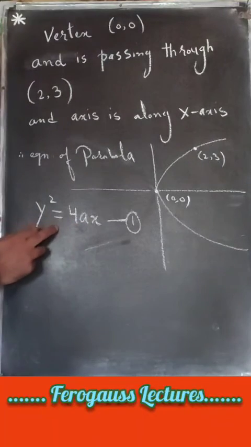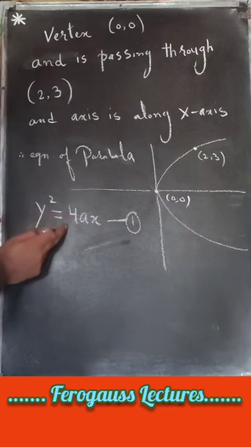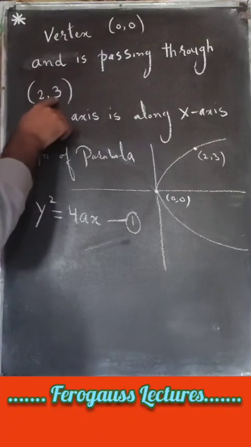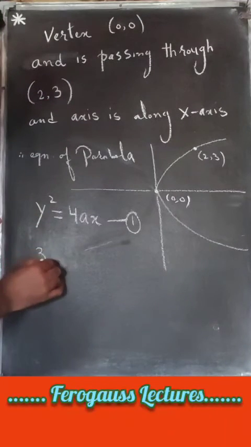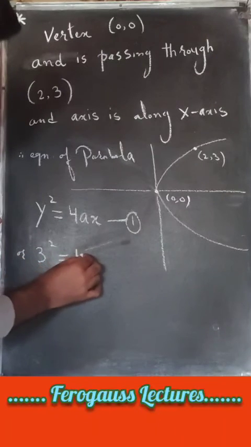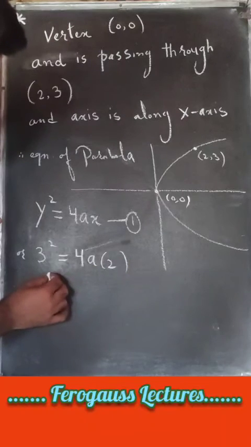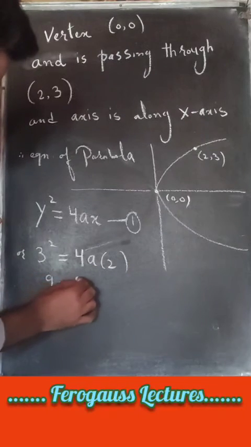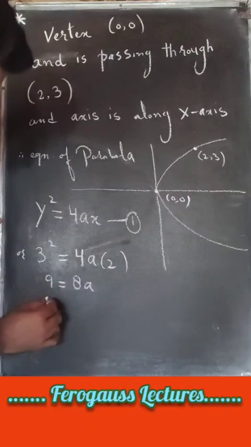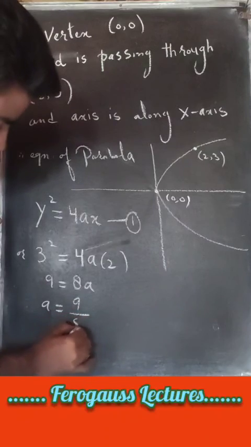Since it passes through the point (2, 3), this point must satisfy its equation. Thus we can write, instead of y we put 3, which is 3 square equal to 4a, x is equal to 2, or we can write 9 is equal to 4 into 2 into a, or a is equal to 9 by 8.